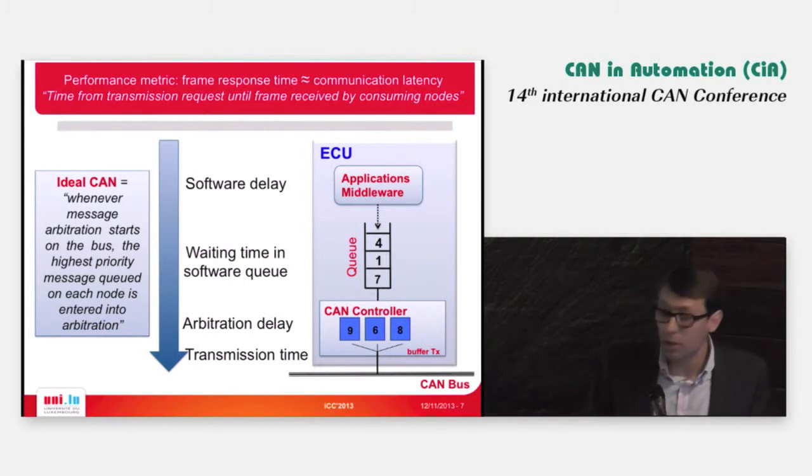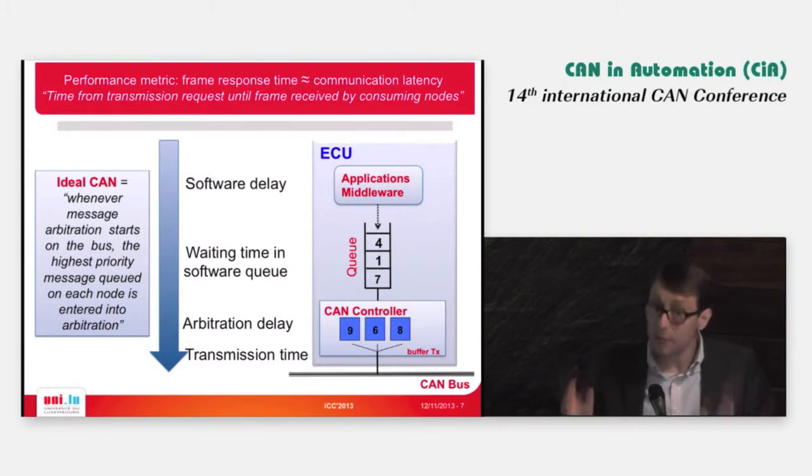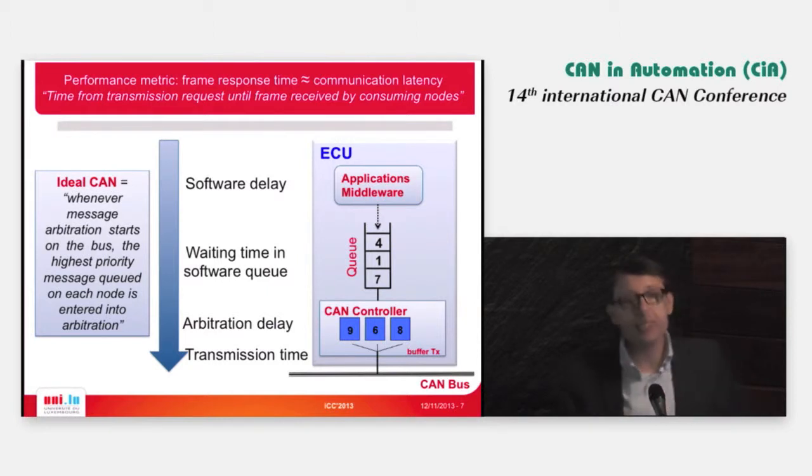In the small picture here, you see there is a frame with ID 1 in the middle, waiting in some queue. So that ECU is not able to enter the highest priority frame into arbitration. It's probably because it's a FIFO queue, not a prioritized queue. Okay, so that's ideal CAN. And we will see that there are many reasons why communication stacks may depart from ideal CAN.